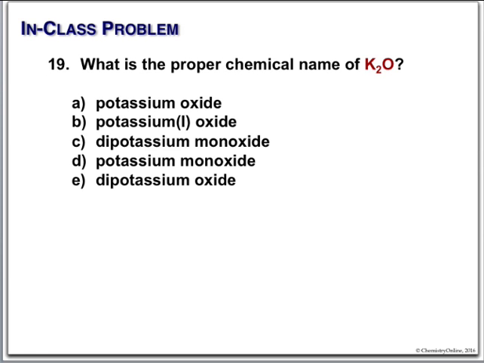Is this ionic or molecular? Is potassium a metal? Yes, it's right there in group 1, it's a metal. Phosphorus isn't. Potassium is a metal.